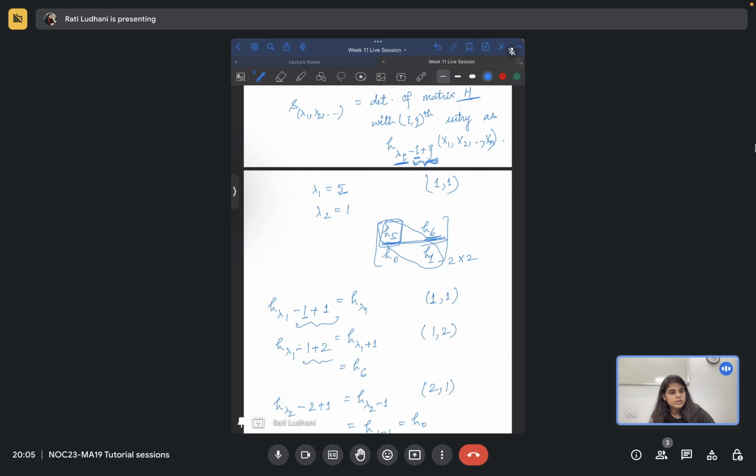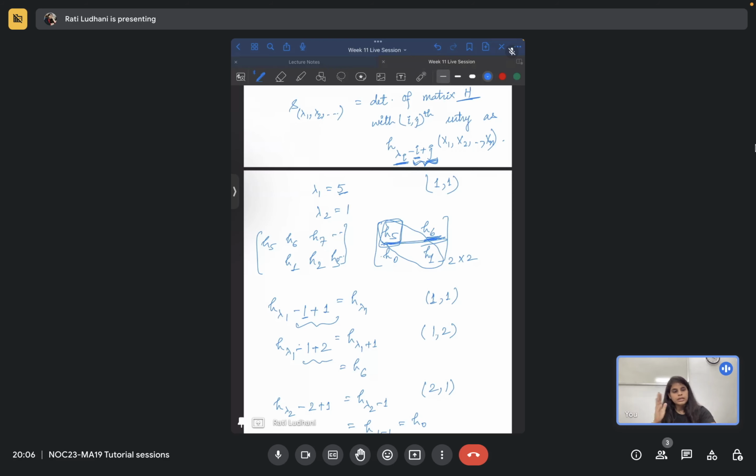So if you start with h5 you will get h6, and if there is another column, then it will be h7, and so on. For example here you will get h1, and in the second row, on the right side, you will again just add 1, because the row number is fixed and the column number is increasing by 1. So this is h3, h2.